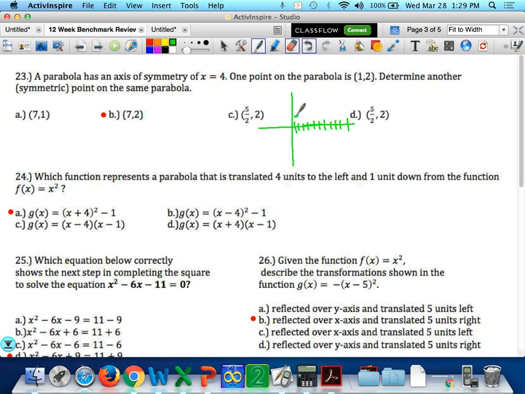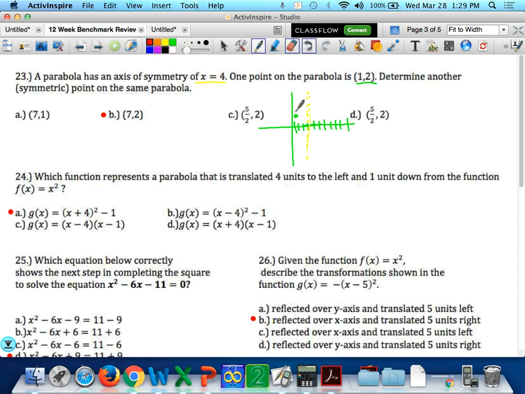We've got our first point. Now at x = 4, we've got a vertical line. Not a very good one, but it's a vertical line. That's where our parabola is going to flip over. Okay? It has to flip over this line.